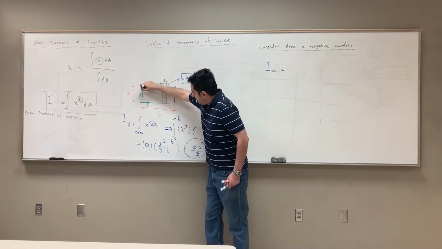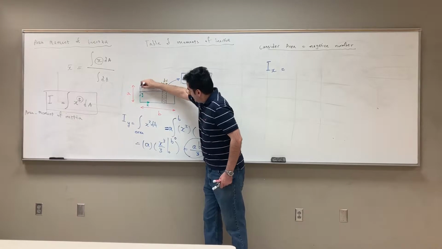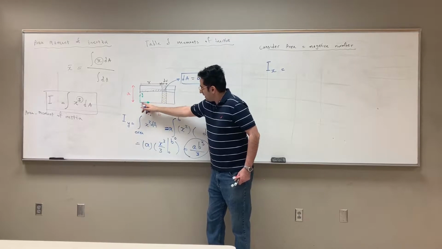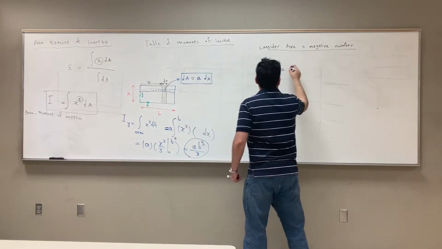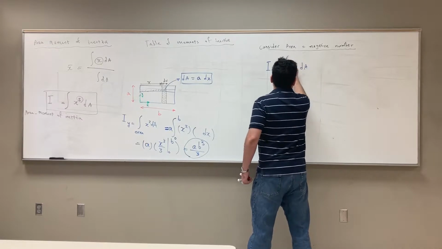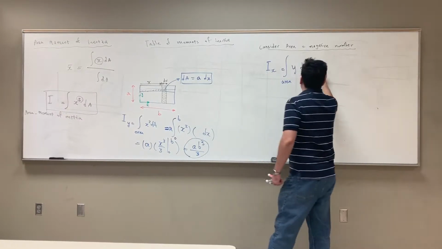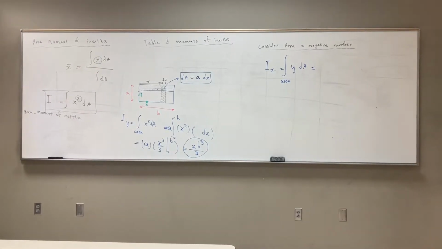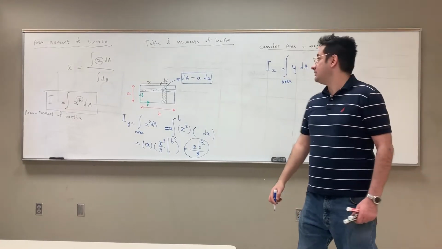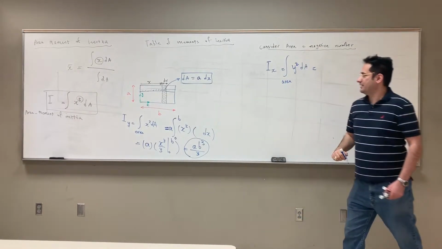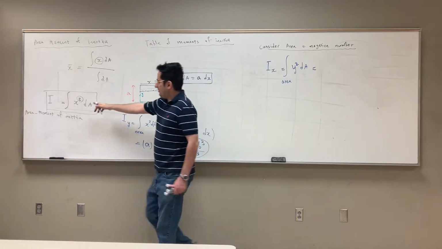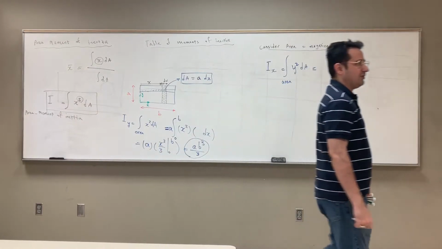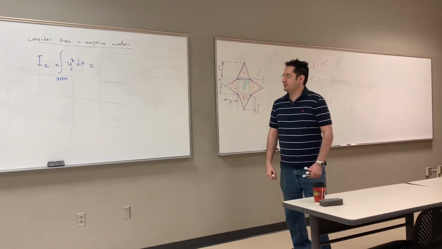So if I take an element like that, the distance of the element with respect to the x-axis is y. So you have to evaluate y dA integral over the area. Isn't it y squared? Yeah, y squared. Sorry. So all I did was change x to y. So you get Ix equal to the integral of y squared dA.